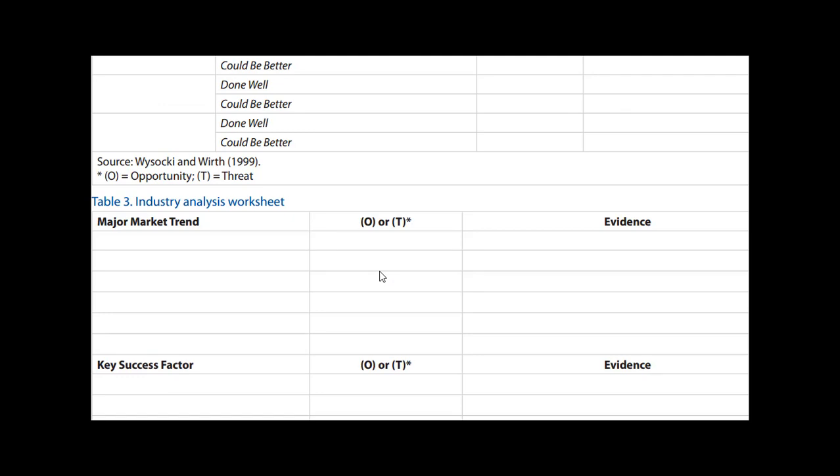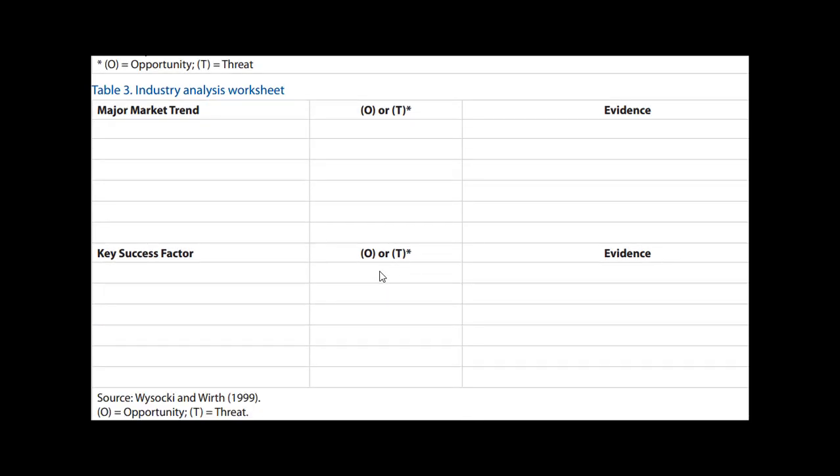Our third table is related to the industry. Remember, when we talked initially about strategic marketing management, we said the external analysis has three components: industry, competitors, and customers. We have talked about competitors and customers, and now we will talk about industry analysis.